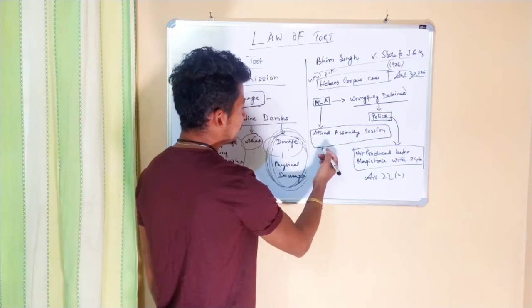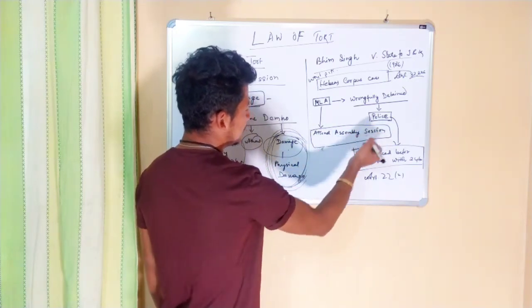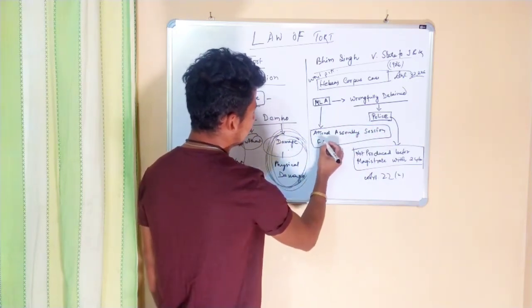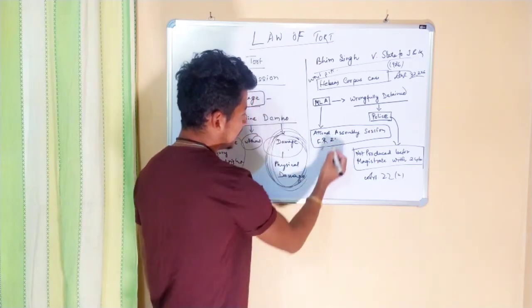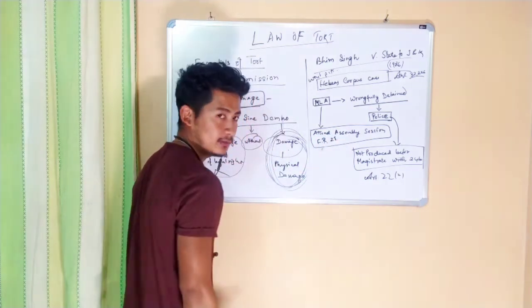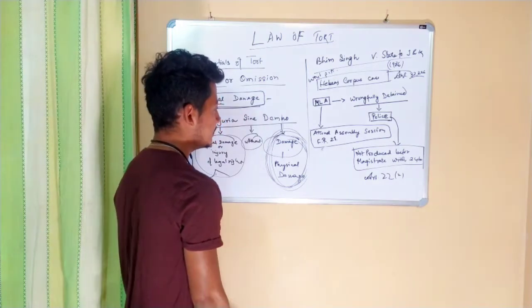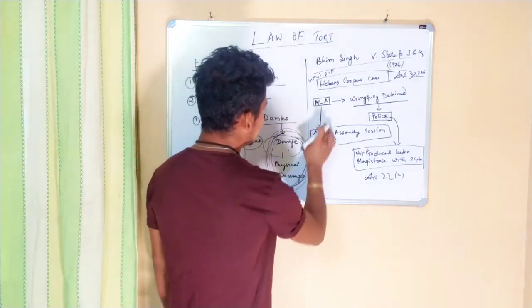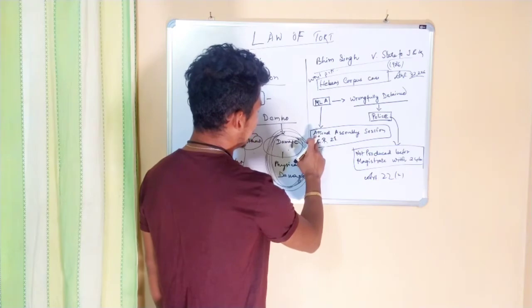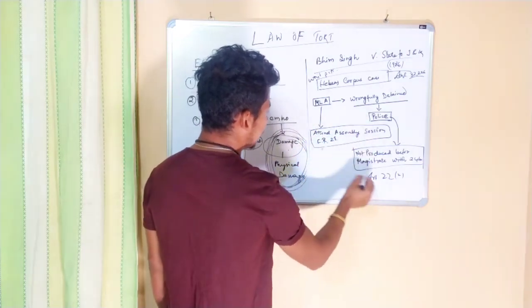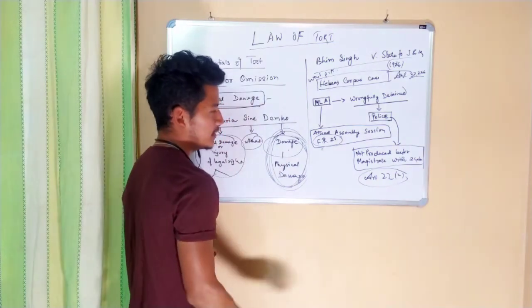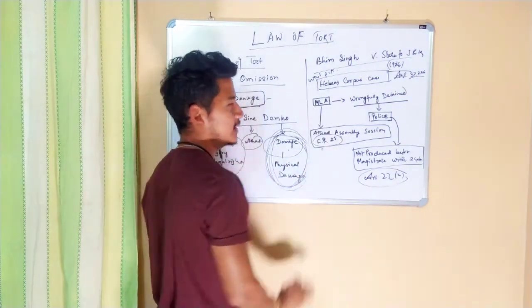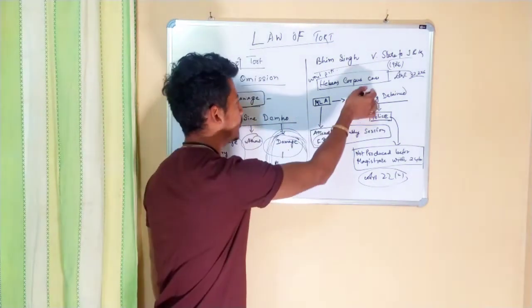But since his right to attend the assembly is a fundamental right guaranteed under Article 21, that means right to life and personal liberty, so in this case his two rights have been violated, Article 22 and Article 21. His right is violated, but he has not suffered any loss out of that wrongful detention.